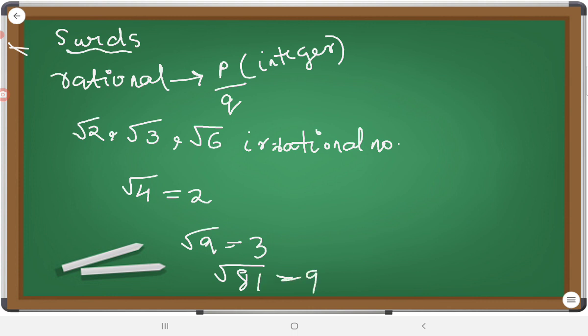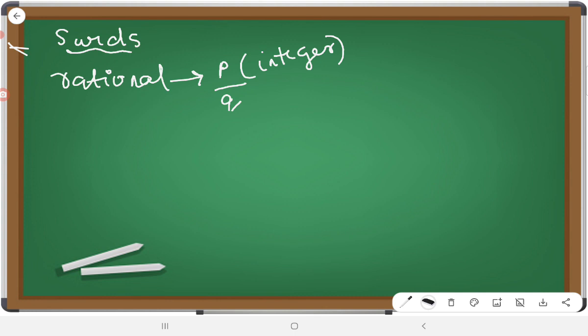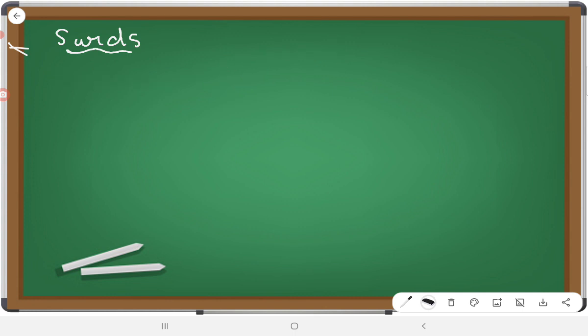We do have some exception cases like that. Now you have to know one more thing: surds are nothing but irrational numbers. Surds are irrational numbers.